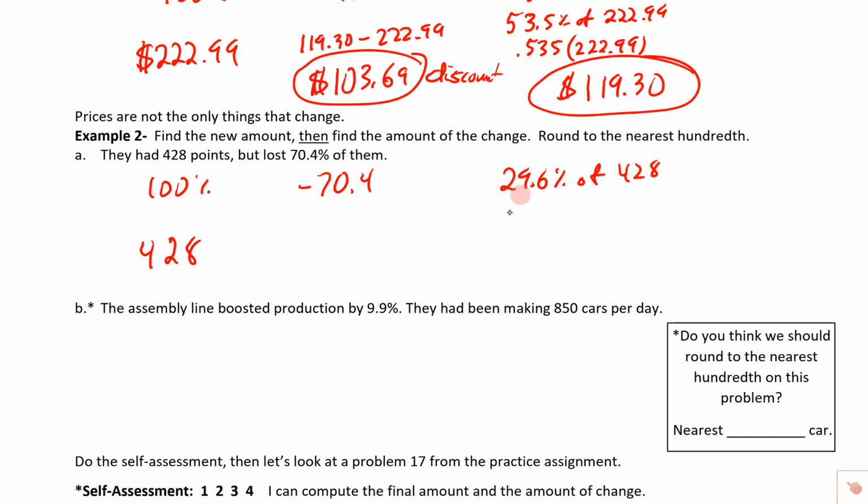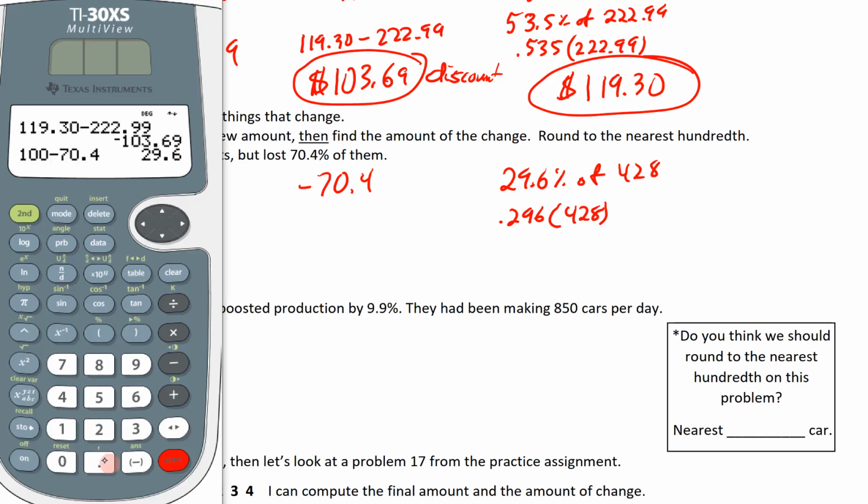So we'll move the decimal over 2 places. 0.296 of means times 428, and we'll throw that in the calculator and see what we end up with. So 0.296, and we'll multiply that by 428. Everything looks good there, and we get 126.688.